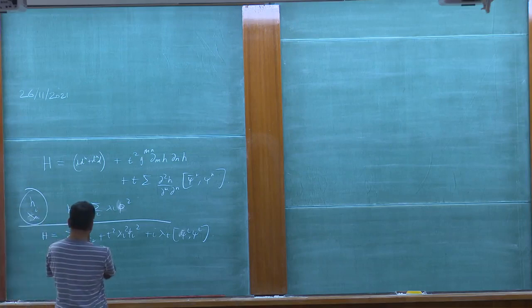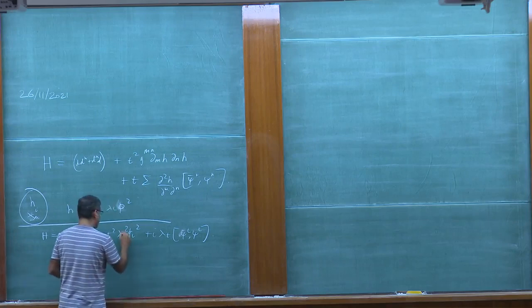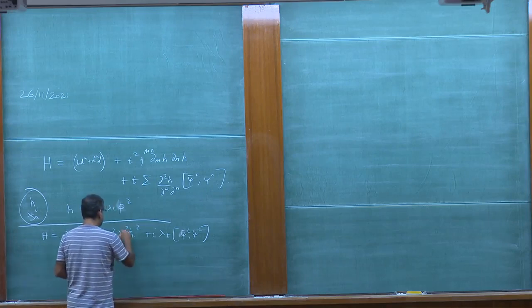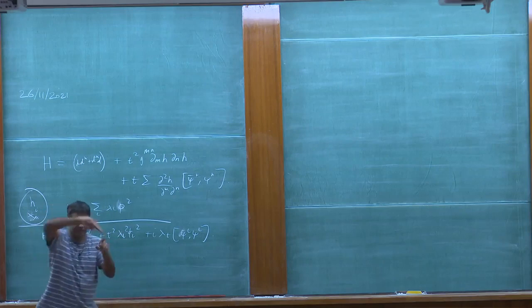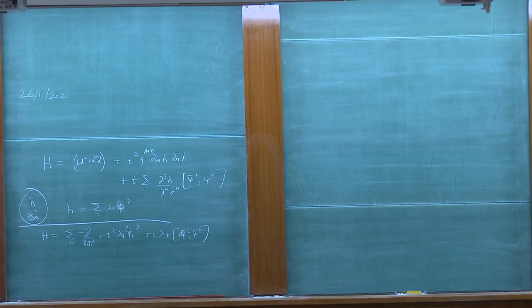Lambda_I are the various eigenvalues of this expansion. So there's this extremum, and it has curvature lambda_I in the ith direction. Some of them are positive, some of them are negative.